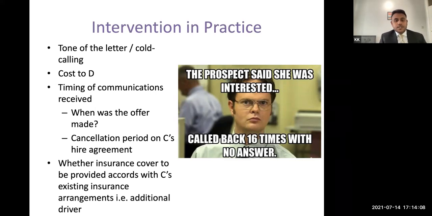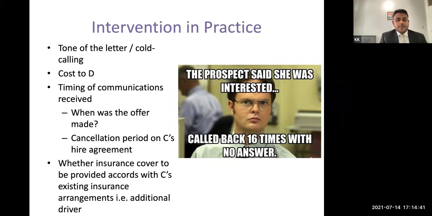It's important to consider when the offer was made, because the moment intervention offers are made after the hire has commenced, in my view, it becomes all the more difficult to persuade a court that the claimant should have then subsequently off-hired from their vehicle and accepted the defendant's offer of intervention in the circumstances.